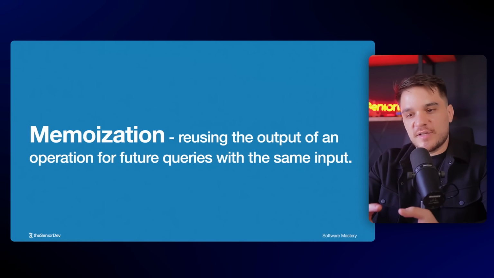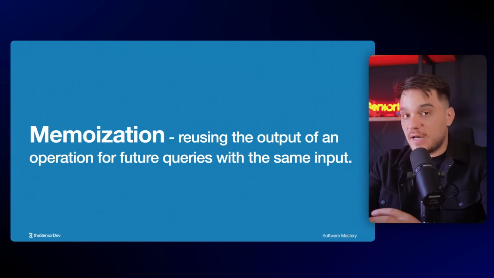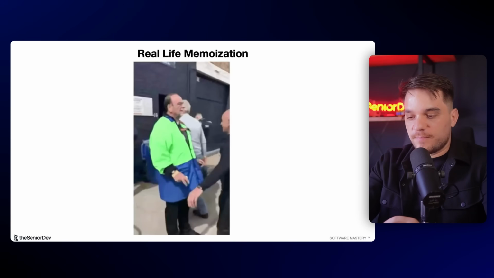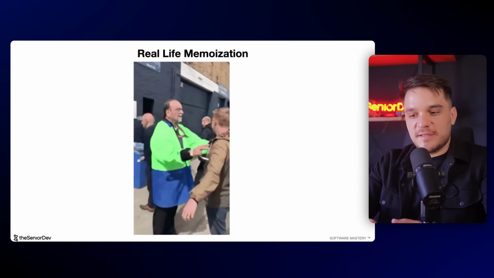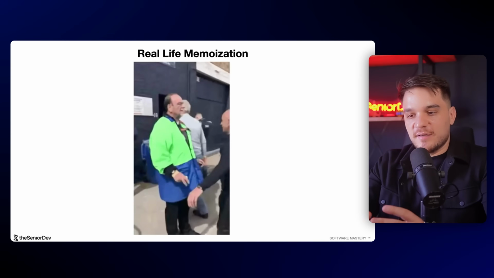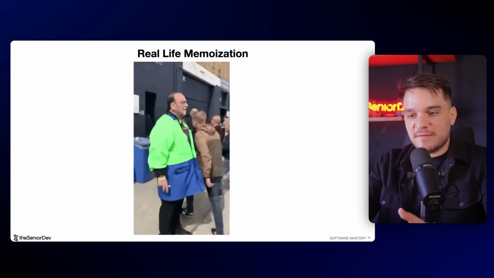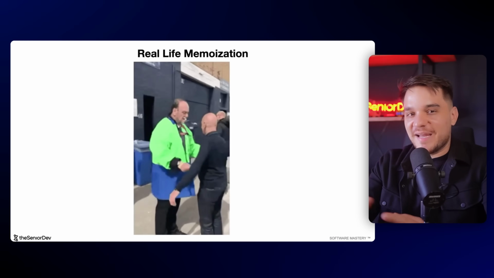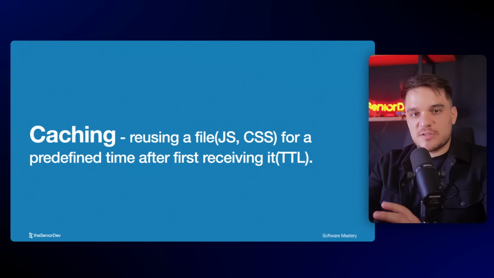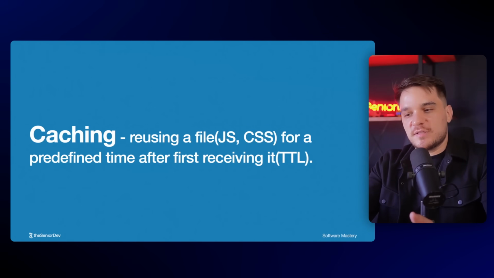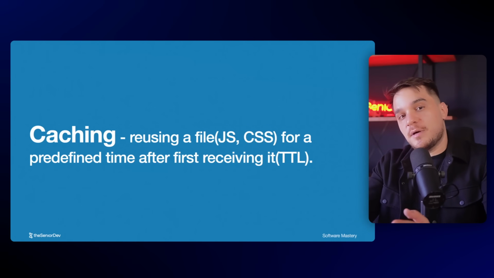So basically memoization is reusing the output of an operation for future queries if you get the same input. And so this is probably the most accurate description of it, where you see the security guard is pretty much applying the same treatment, probably not good from a security perspective, but is literally reusing the behavior. Now moving on to caching, especially at file level, it would be reusing the same file for a predefined amount of time.